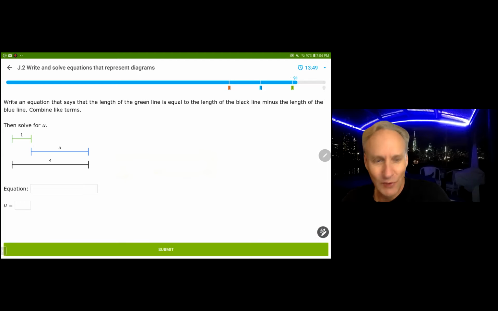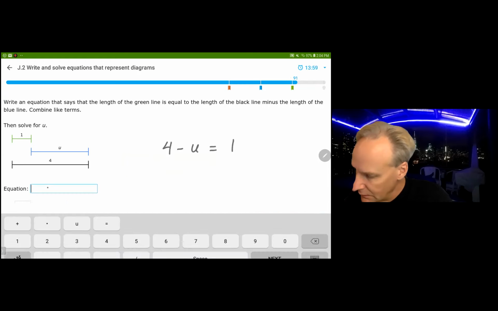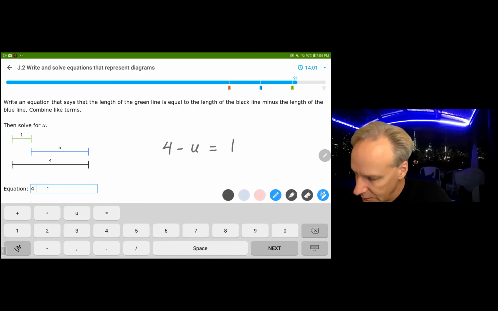Okay, just a couple more. It looks like 4 minus u. 4 minus u is equal to 1. And of course, u is equal to 3, isn't it? We can see that.